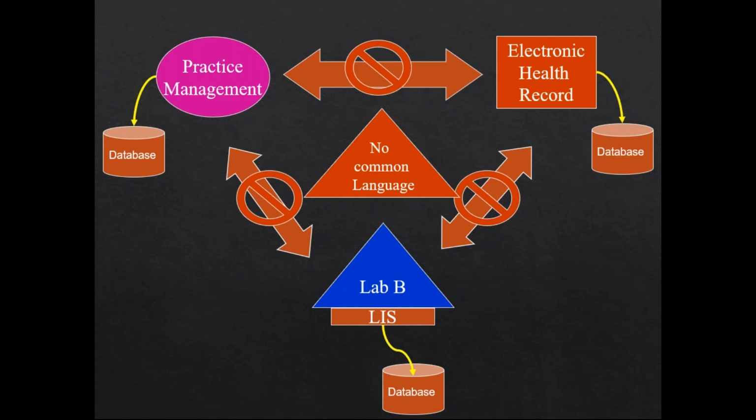Okay, so basically, let's imagine as we discussed, we have a practice management system, an electronic health record, and a lab information system. Before we jump into understanding the integration between these three things, we'll quickly look at an example. We have three different people from three different countries: China, India, and USA. USA's native language is English, China's is Chinese, and India's is Hindi.